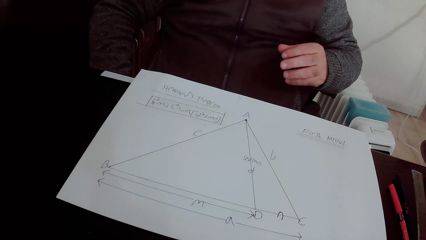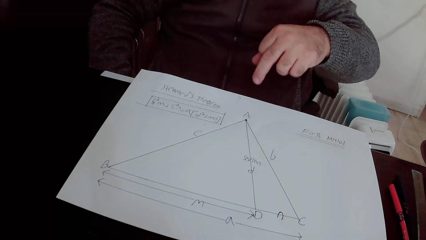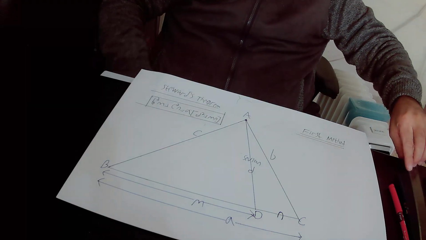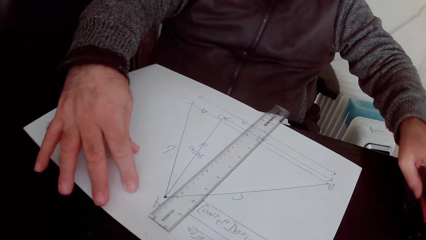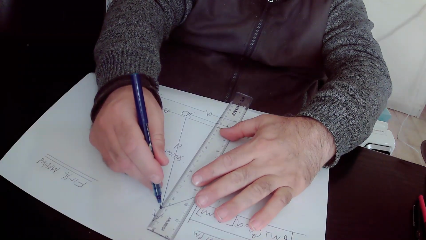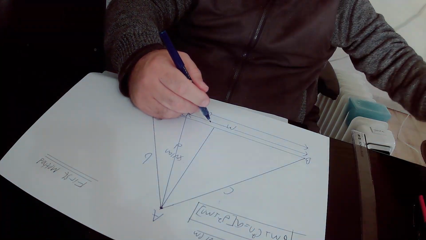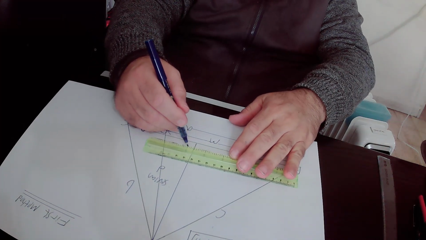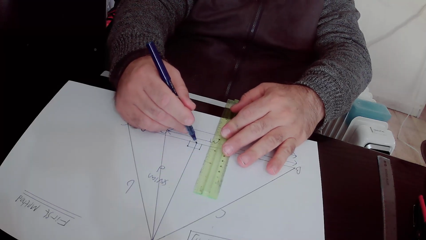In the first method, we will do a construction from the vertex A. We draw a perpendicular to BC. So this angle equals 90 degrees and this angle equals 90 degrees according to our construction.